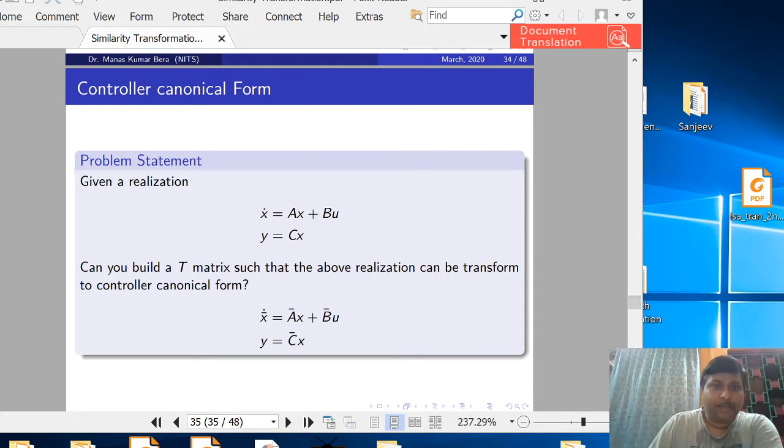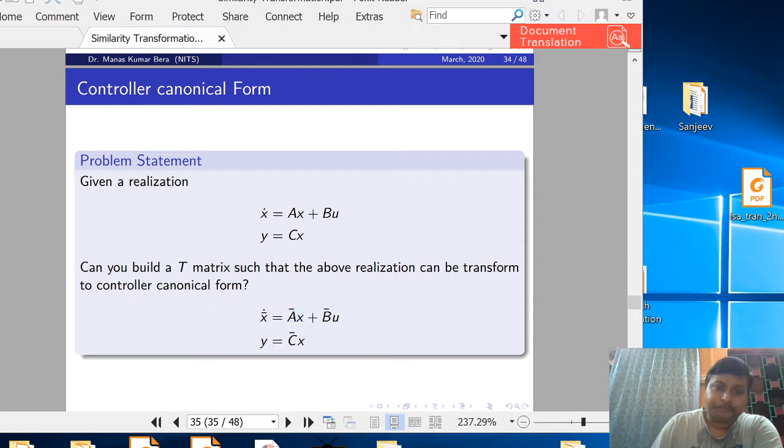Suppose we have a realization x dot equal to Ax plus Bu, y equal to Cx. Can you build a T matrix such that the above realization can be transformed to controller canonical form, that is x bar dot equal to A bar x bar plus B bar u, y equal to C bar x bar.